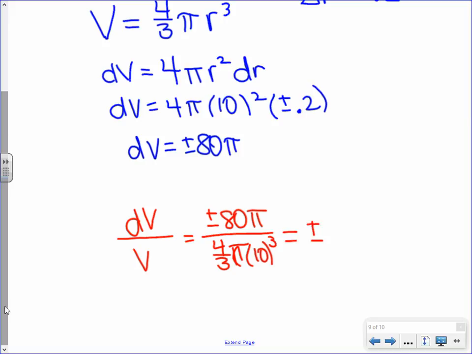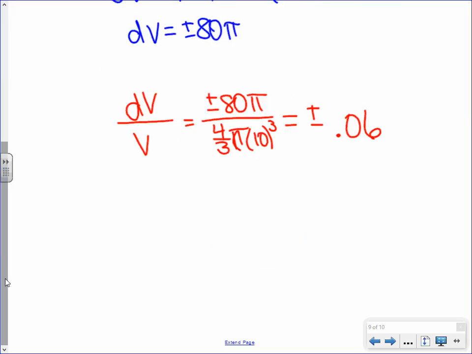What are you getting for us, Eric? 4188.79 is the denominator. Okay, so take 80 pi divided by that. Oh, so that was 0.06. Which means we're going to have up to a 6% error.